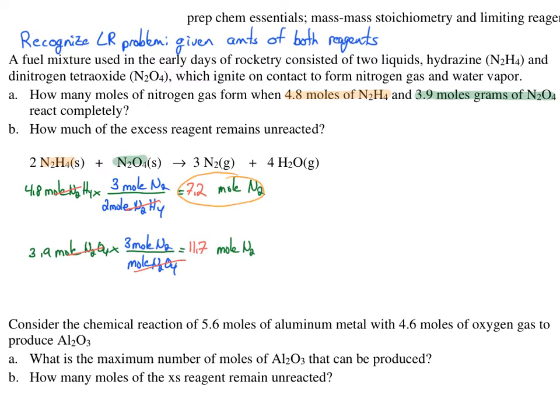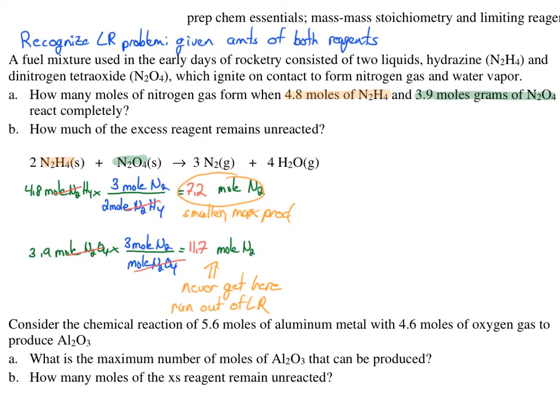We choose the smaller of the two amounts as our max product. And that's because we would never get here. We would never be able to produce 11.7 moles of N2 because we would run out of the limiting reagent after we produce 7.2 moles.